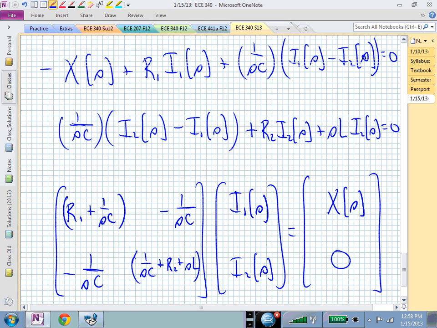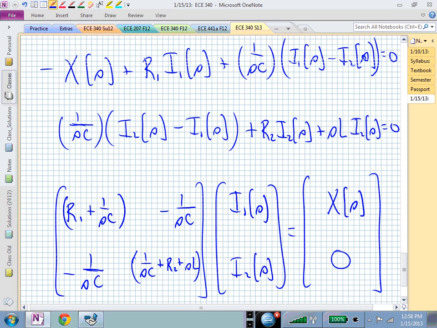You could have written this down immediately by inspection. You could have said, let me go back to my circuit, and the things in the diagonals are those impedances that touch that particular mesh current.